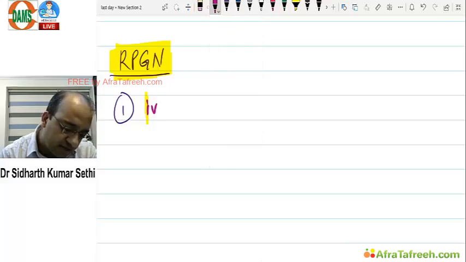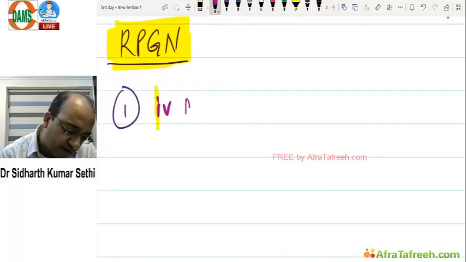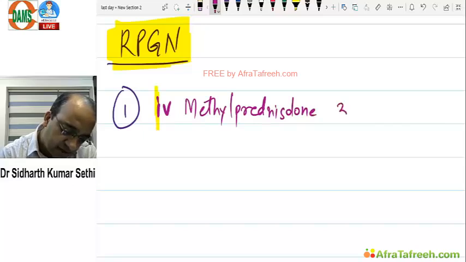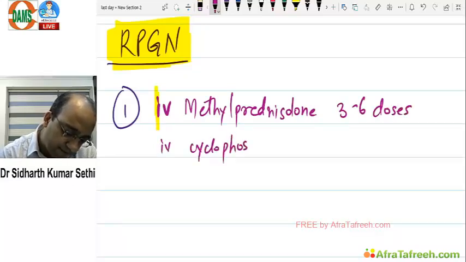I want to start him on early methylprednisolone. It is high dose methylprednisolone pulses, 3 to 6 doses, followed by IV cyclophosphamide, monthly doses, monthly for at least 6 doses.